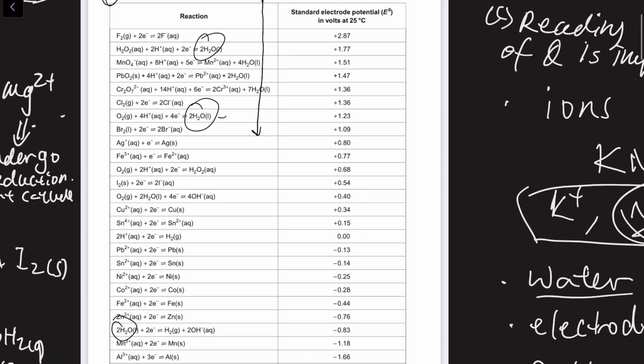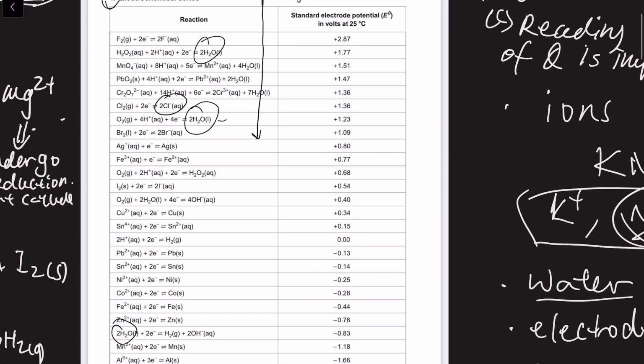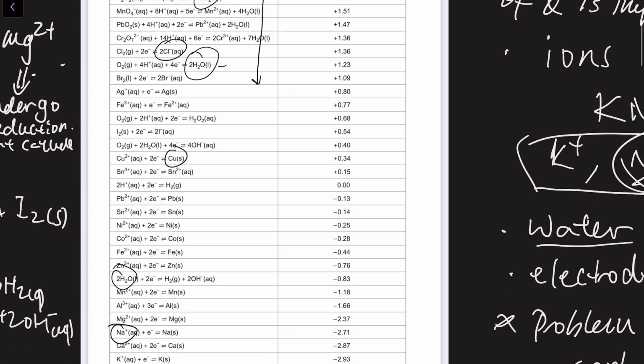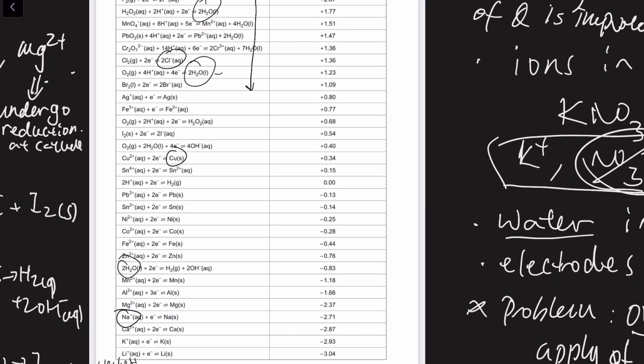We have the chloride ion. We also have copper. Let's look at which two species are the closest. It's H2O and copper. So H2O would undergo reduction, copper would undergo oxidation.